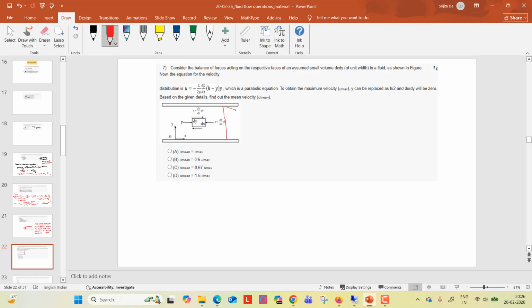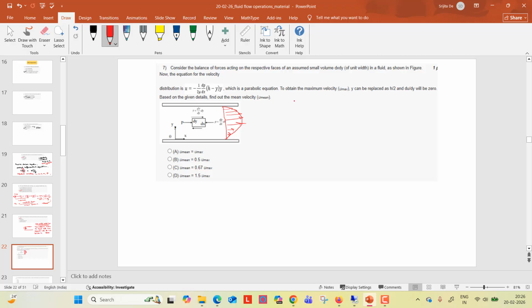At the boundary there will be the boundary layer effect, viscous effect, friction effect. So the flow in the middle will be maximum, the velocity will be maximum.